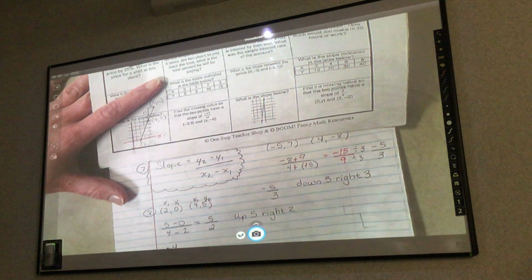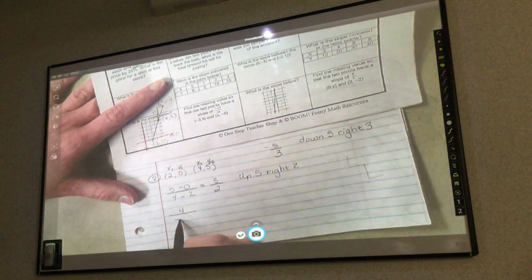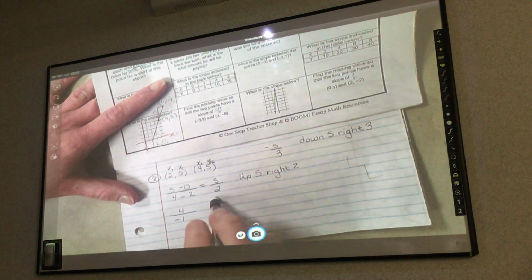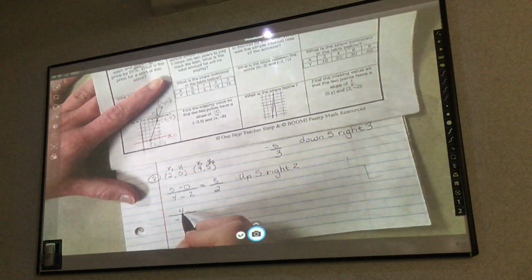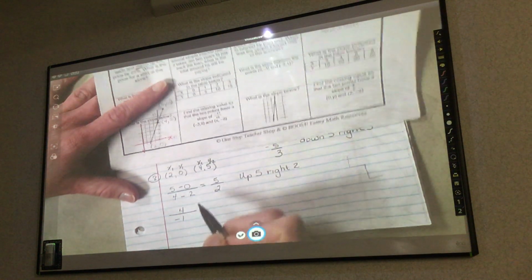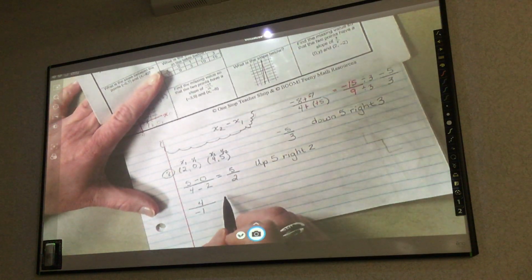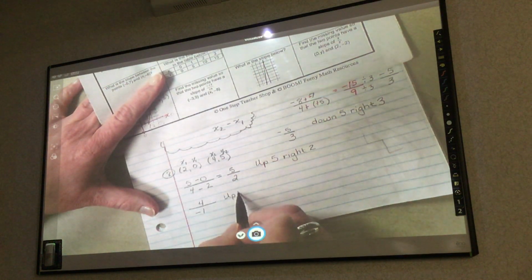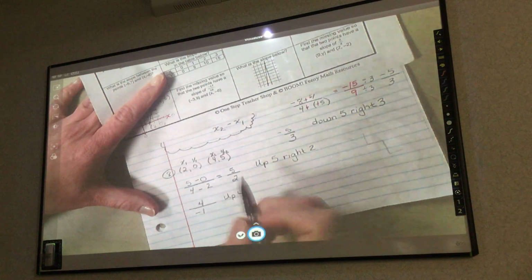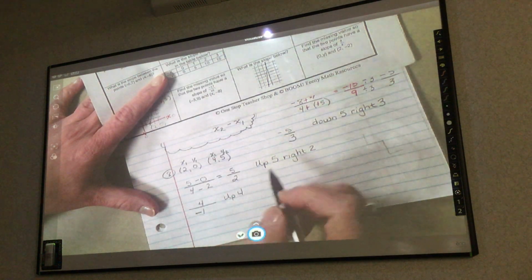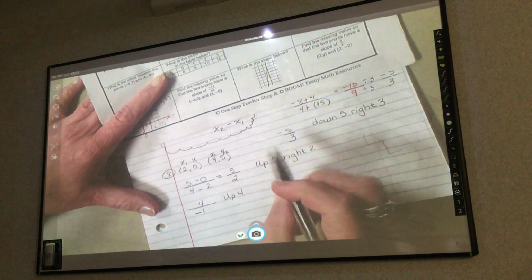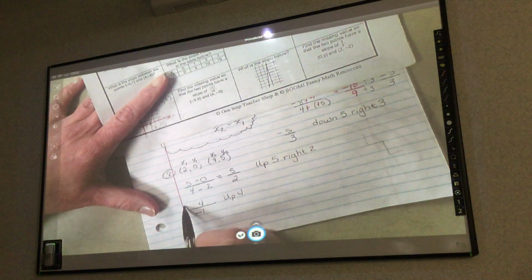What would this one be? And I want you to write this on your paper. This would be 4 what? Would it be up? So up 4, because if it's positive, it's going up, and if it's negative, it's gonna go down, because that's my Y's.